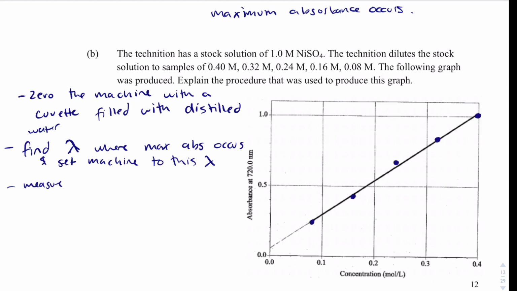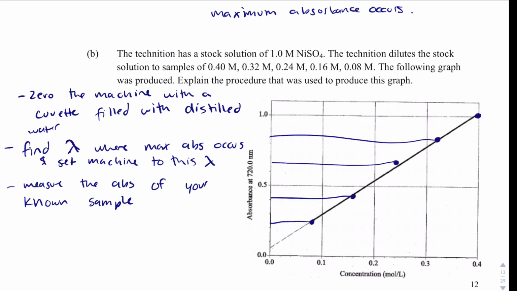Measure the absorbance of your known samples. That's what we've done here, where we've measured the absorbance. Oops, and I need to get a little bit better with my lines here.